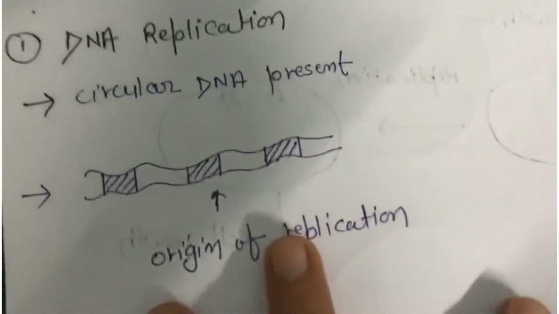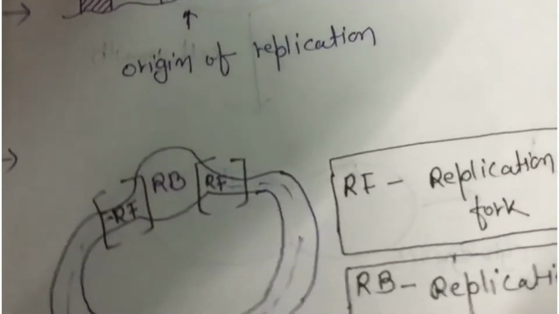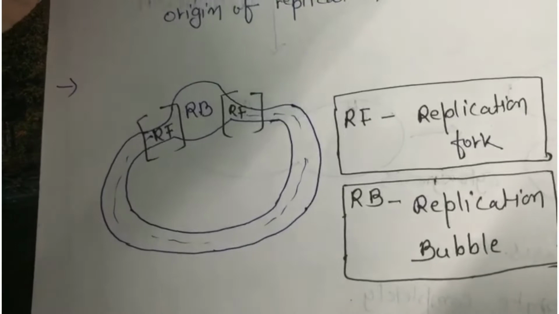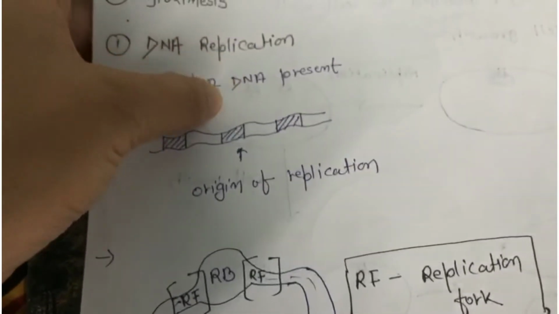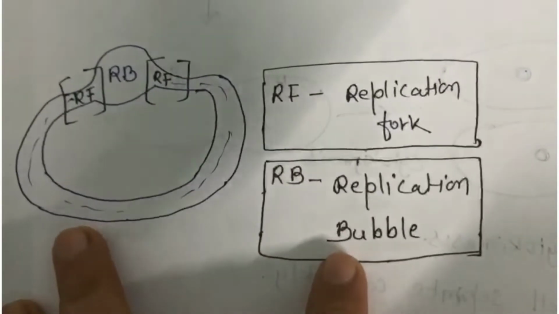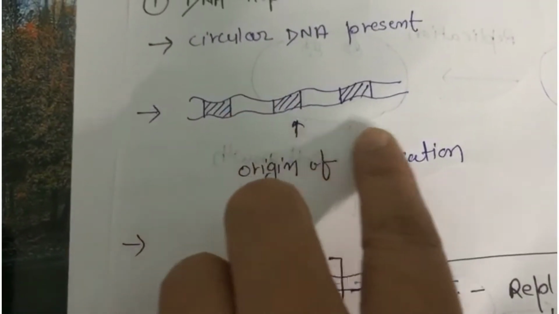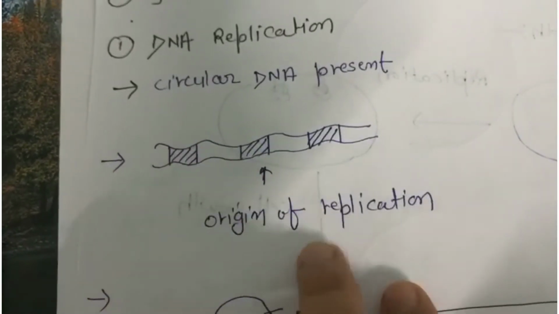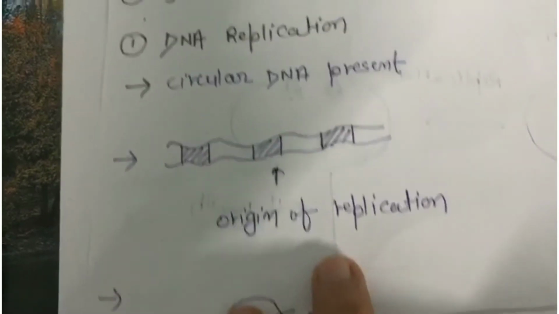In the first step, DNA replication, you can see in this picture, circular DNA is present. Somewhere in the circular DNA, the origin of replication is present. With the help of this origin of replication, replication occurs.